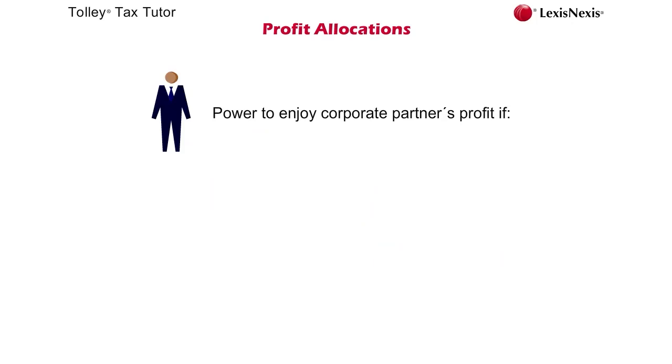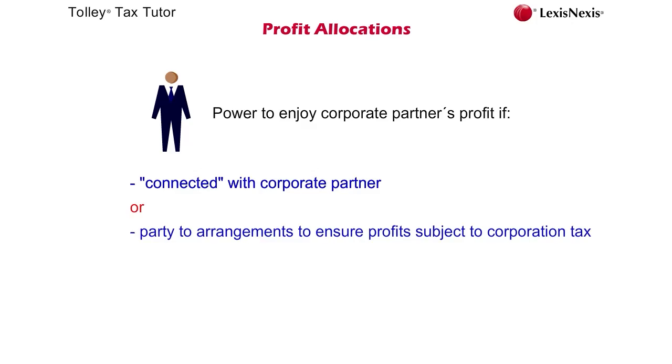An individual partner has the power to enjoy the corporate partner's profit share if they are connected with the corporate partner other than by being members of the same partnership, or they are party to arrangements, the main purpose of which is to ensure that the corporate partner's profit share is subject to corporation tax rather than income tax, or one of the enjoyment conditions is met.